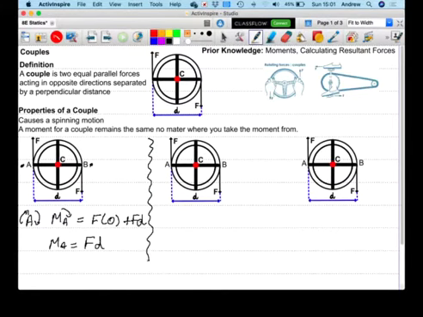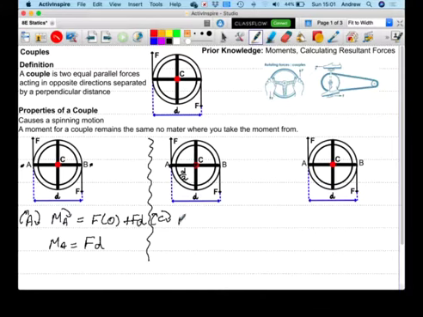Now we go to diagram 2, and we're going to take the moments about C, again in the clockwise direction. We're looking at the force travelling through A, and its perpendicular distance to C is going to be D over 2.